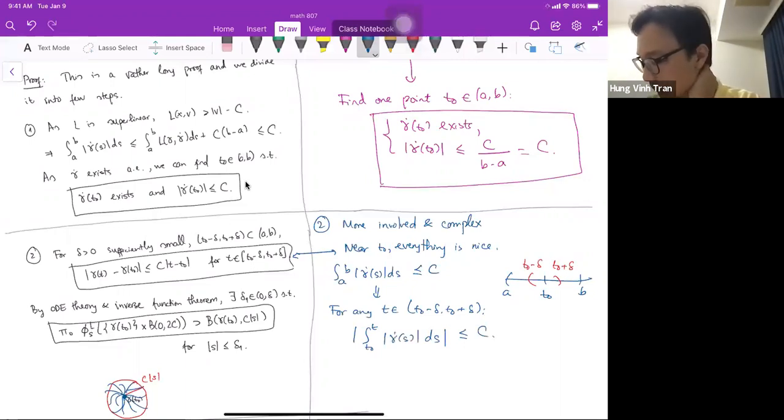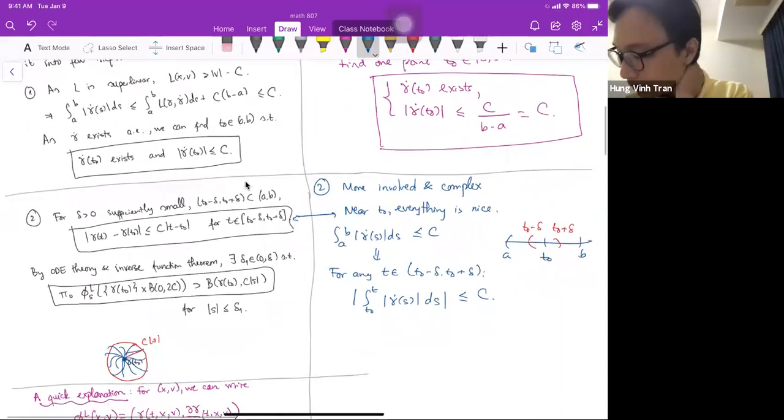Okay, and then hold on a second. No, I mean, there's an easier way to do this. So let me delete this part.